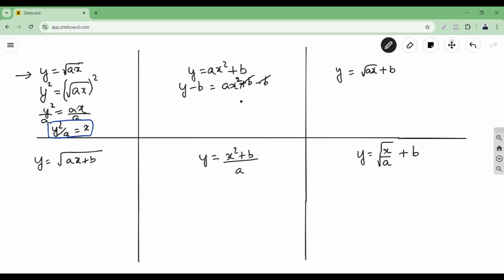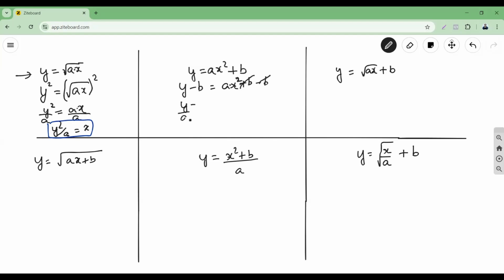Because again, balance has to be maintained. For example, on this side there is a subtraction, and here a multiplication. If I have to divide, is it fair that I'm dividing only the y? No. We'll have to divide the b also. So when we are dividing, it applies to the entire y minus b.